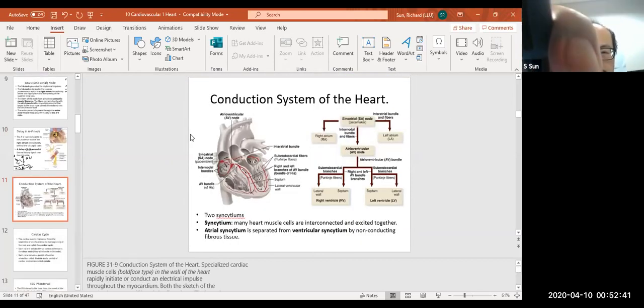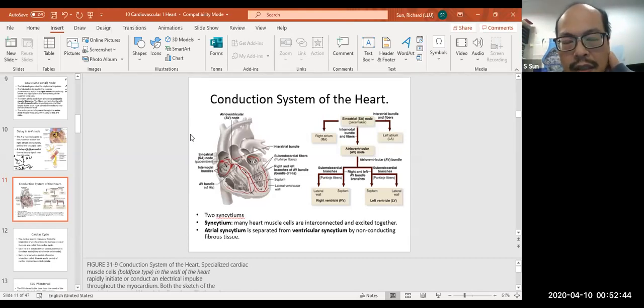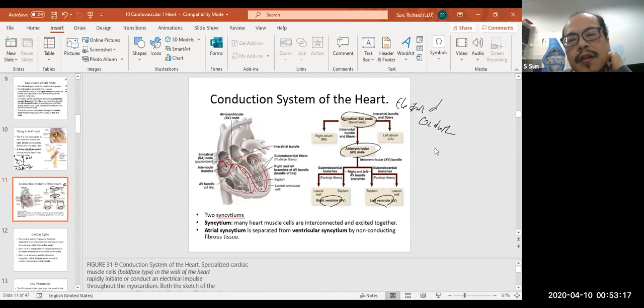So here is the overall conductive system from the SA to both left and right atrium, to the AV, through the bundle of His and Purkinje fibers, to both left and right ventricle. So this is the electric conduction of the heart.